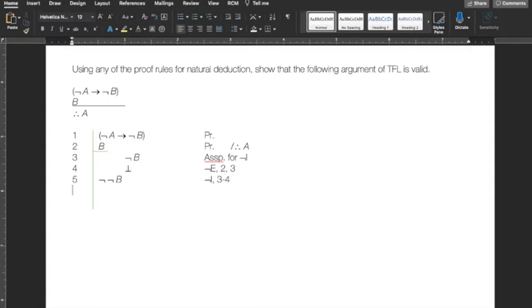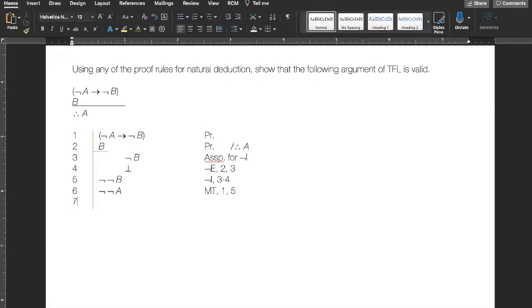Now we have the negation of the consequent. So we can apply modus tollens and get not A. So modus tollens says if we have the negation of the consequent, we can get the negation of the antecedent. So since the antecedent is not A, we have to add a negation to that to get not A. So that's modus tollens from lines 1 and 5.